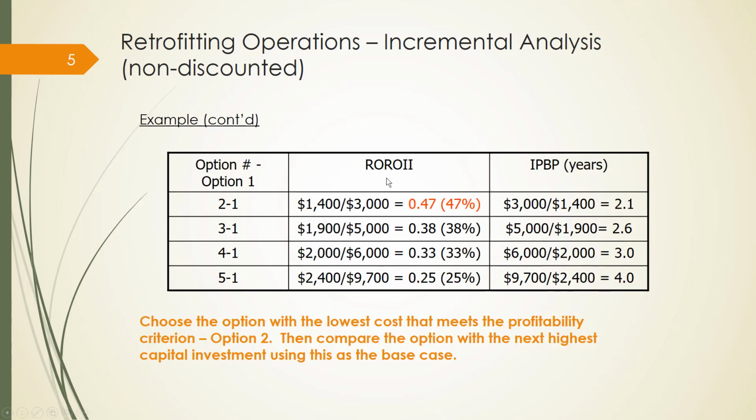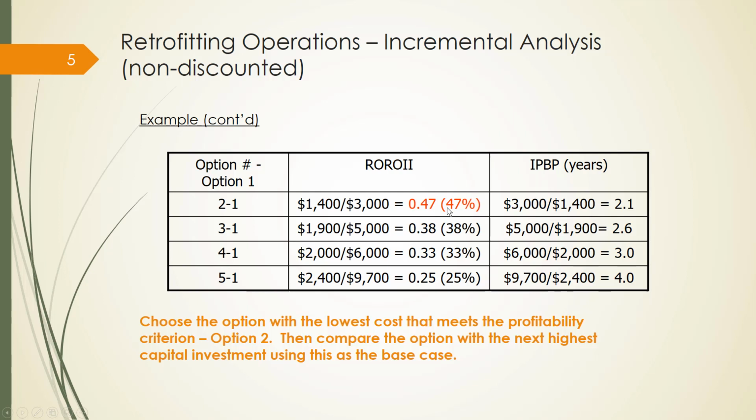For the rate of return on investment for this incremental change, I'm going to first start by comparing to the lowest cost option. This works just like we did when we did incremental analysis on large projects. We're always comparing to the lowest capital cost first, and that's option one, which is do nothing. So this is really the rate of return on investment for those individual processes.